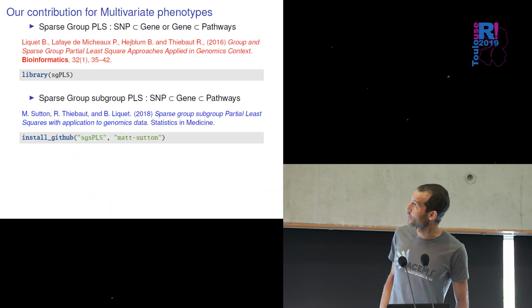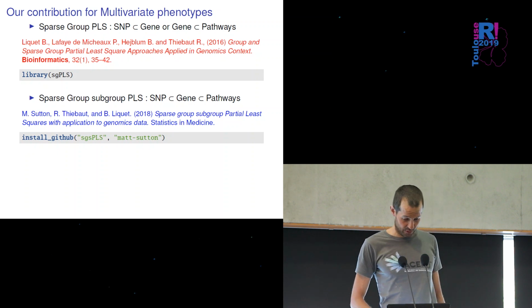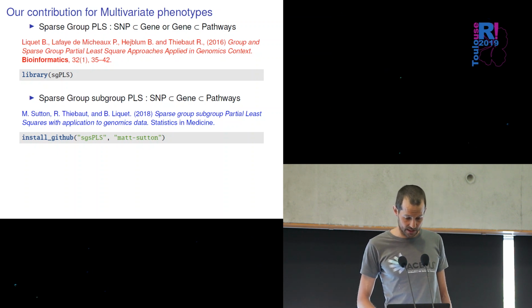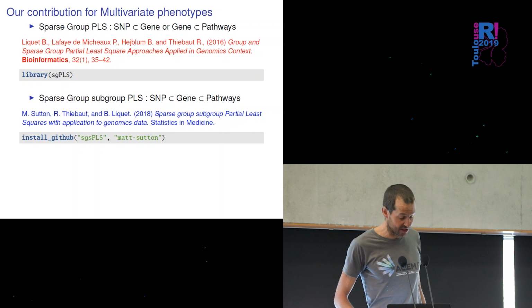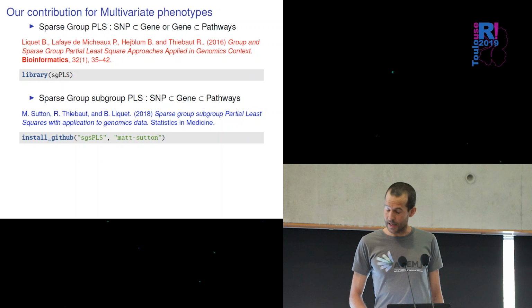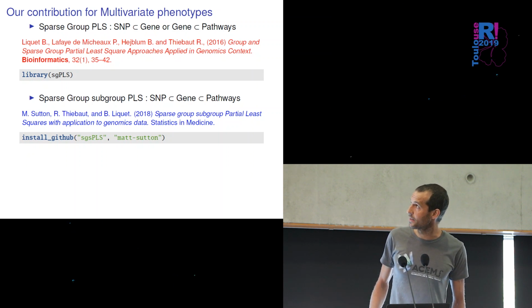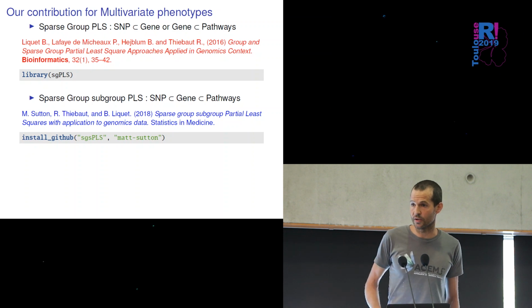So we have developed some different approaches, and I'll give you some advertisement. The first article is in Bioinformatics, and the associated package is sparse group PLS, sparse group partial least squares. And we have recently extended this work by adding one more layer.